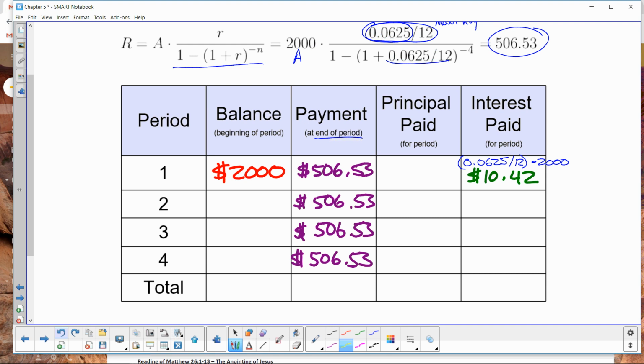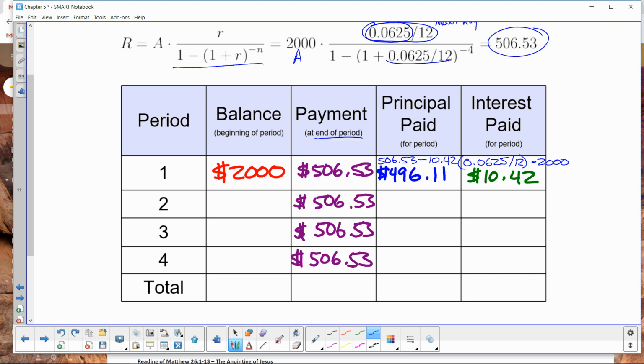So what goes in this box here is going to be 506.53 minus 10.42. And that's going to be 496.11.